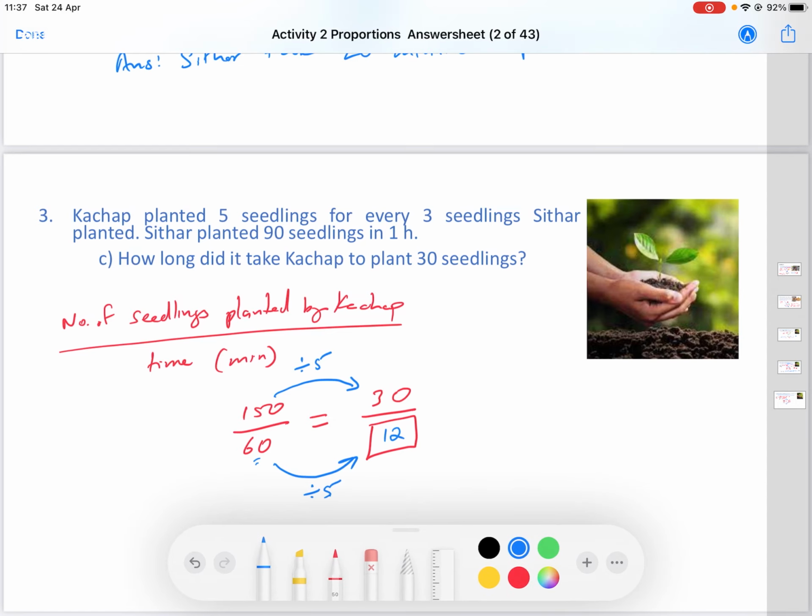Therefore, we need 12 minutes. Therefore, Kanchap took 12 minutes to plant 30 seedlings.